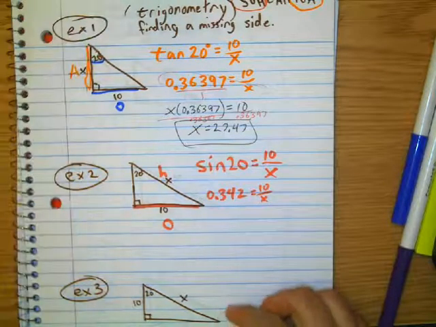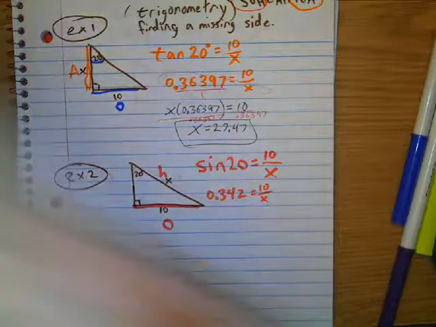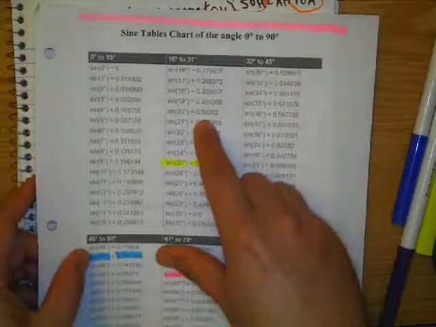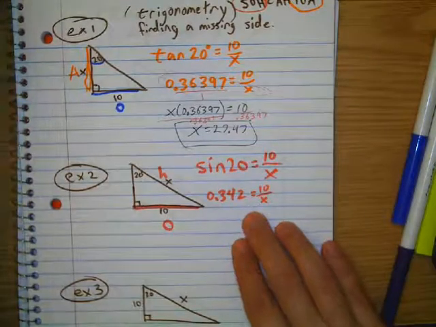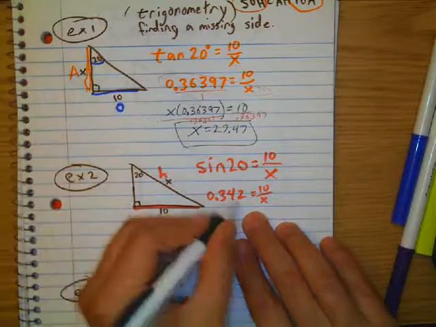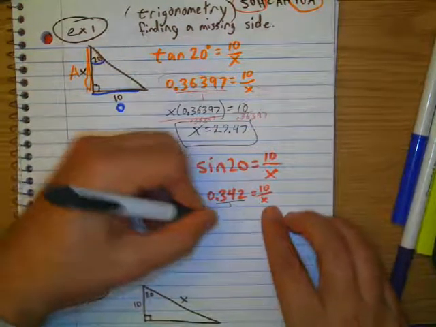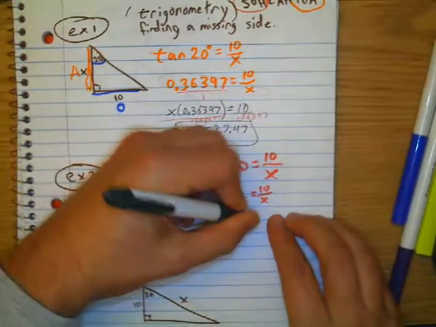Like I mentioned before, you could use your table. If I go sine 20, I've got 0.342 also. And once again, you could put this over 1, and then we can cross multiply. So then I end up with x times 0.342 equals 10.